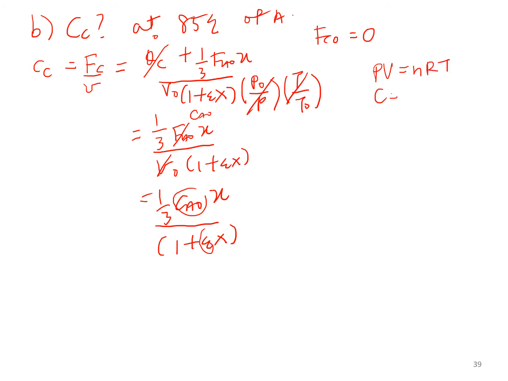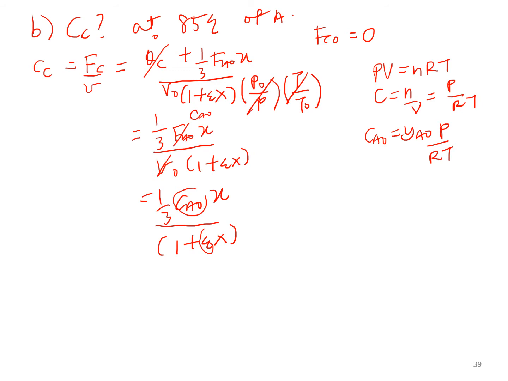So C is equal to n over V, which is equal to P over RT. So how do you get CA0? CA0 is equal to YA0 times P over RT.